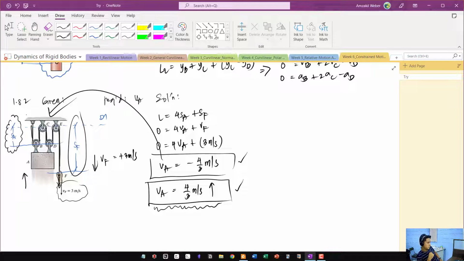It's slow, no? For every 3 meters per second of pulling, the object only rises by a third.